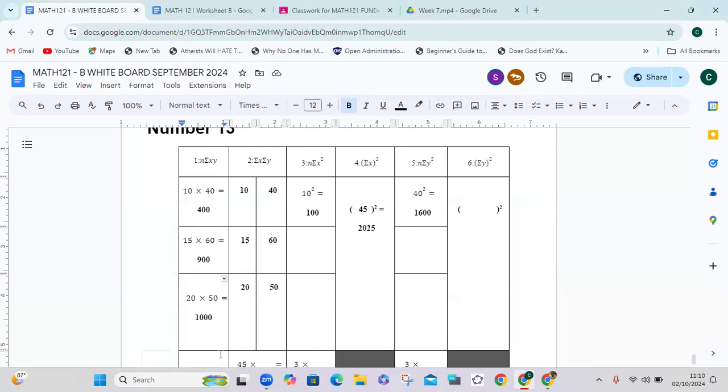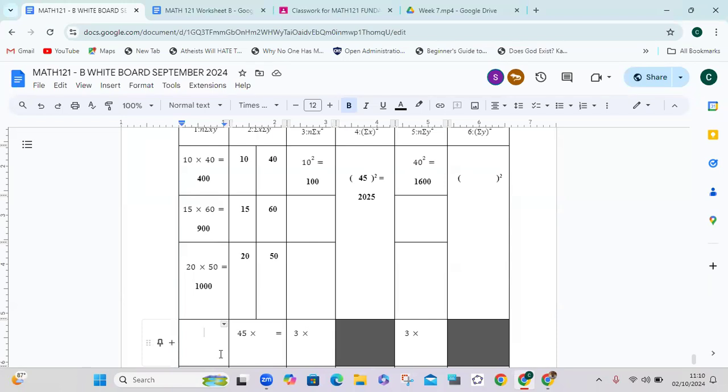So now we've got to find the total and then multiply by n. N will be 3 in that case. So the total is 1,000 plus 900 plus 400. That is 2,300. And we've got to multiply this number now by n. N is the number of pairs. N is 3.